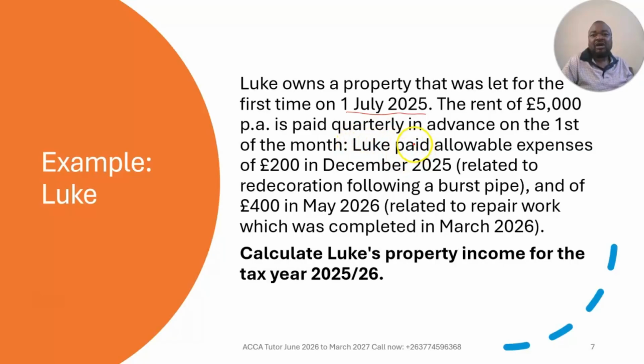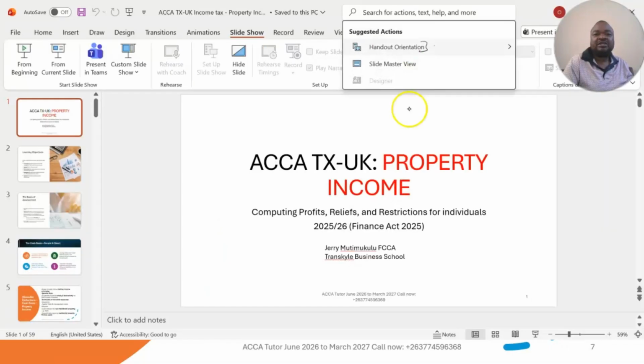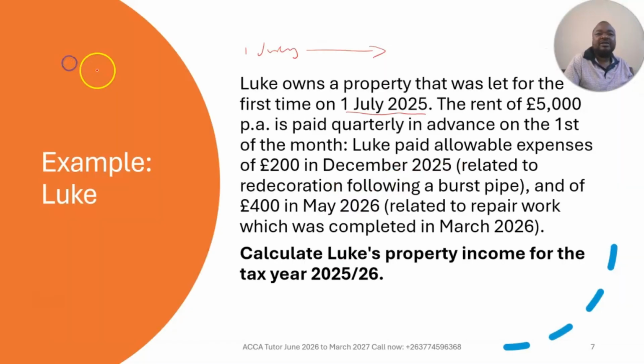So the 5,000 relates to the period 1 July 2025 to 30 June 2026.